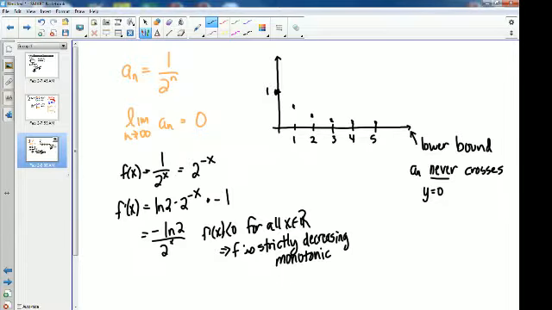Right. Why is that important? Bounded monotonic sequences converge. This converges to 0, right? So there's a theorem that says bounded monotonic sequences converge.